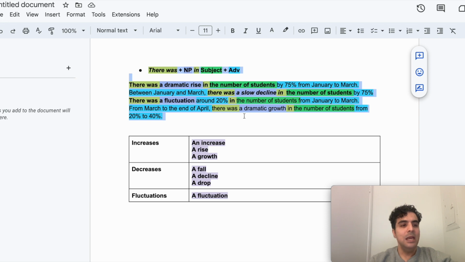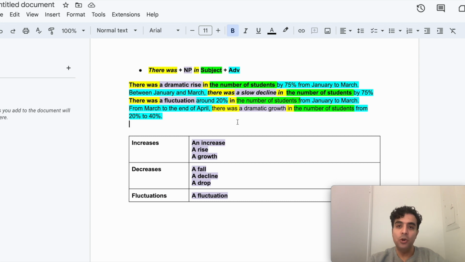So as you can see, very easy and accessible. Doesn't matter what your level of English is, as long as you are able to follow this pattern in writing and this grammatical structure, things are going to be really easy. Two things that I need to point out regarding the noun phrase structure.